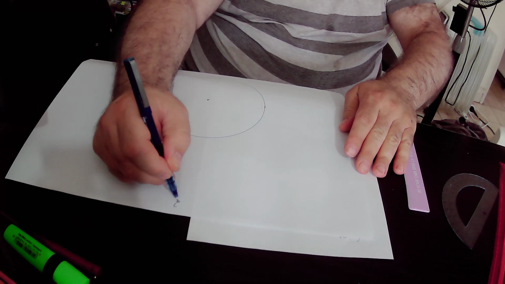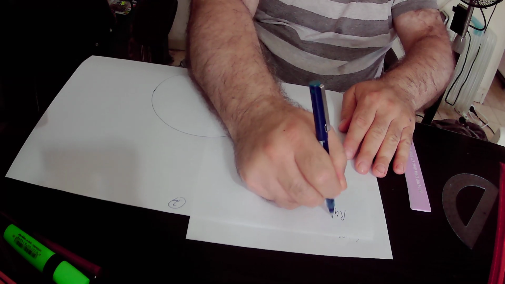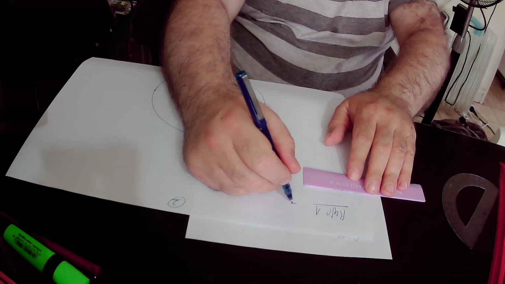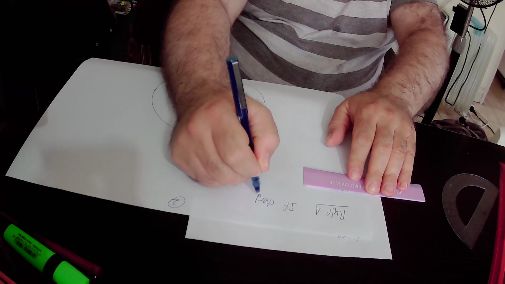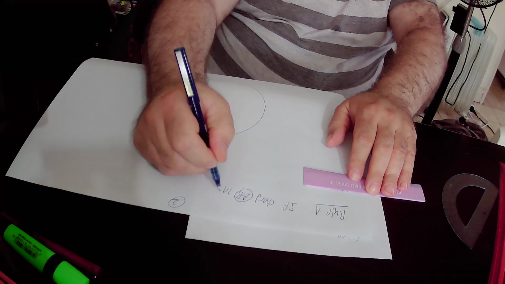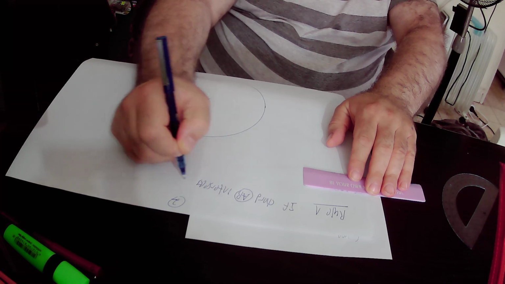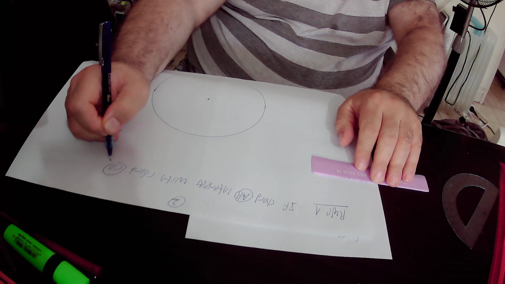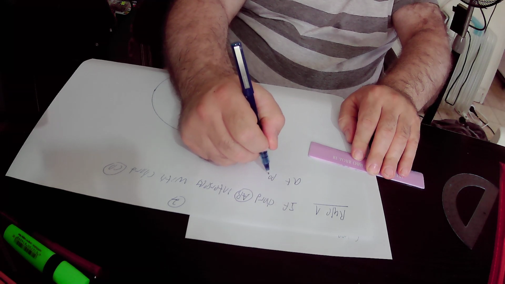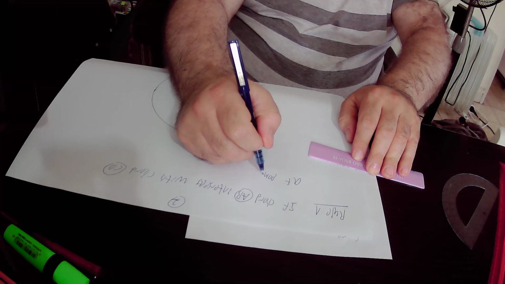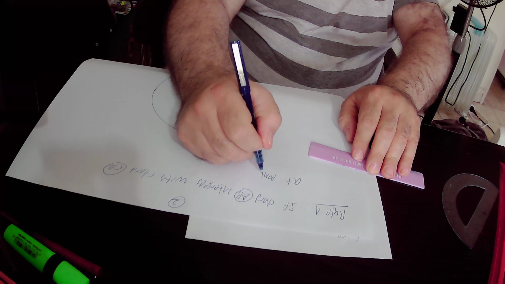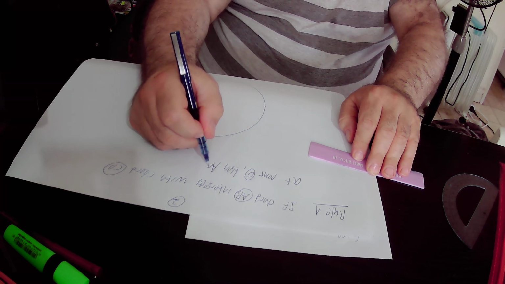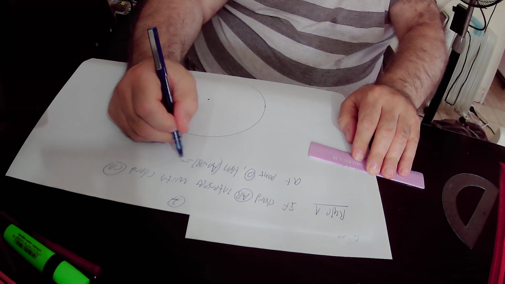According to rule number 1, if chord AB intersects with chord CD at point O, that is to say, the intersection point between chord AB and chord CD is happening at point O, then AO times OB equals CO times OD.